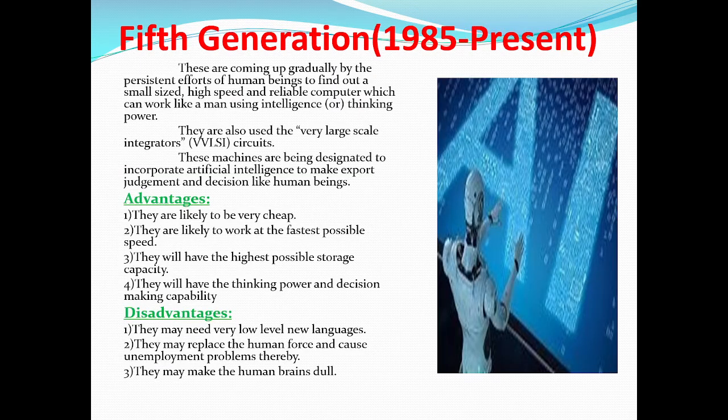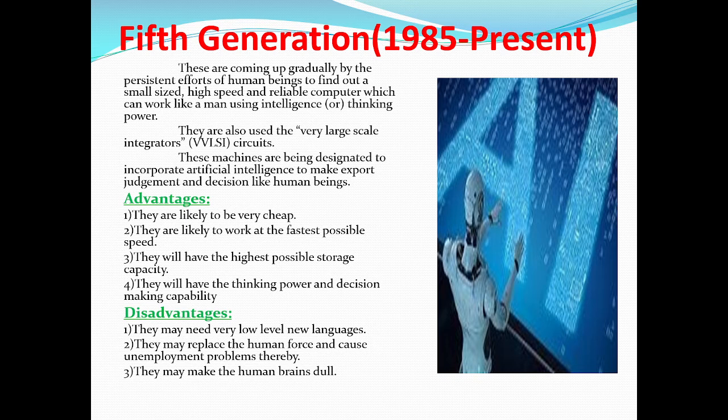Let us look at the fifth generation computers, that is 1985 till today. The computers used in this period were termed fifth generation, and the major focus was to make the computer behave like a human, using intelligence and thinking power. The technology used here was very, very large scale integrated circuits.